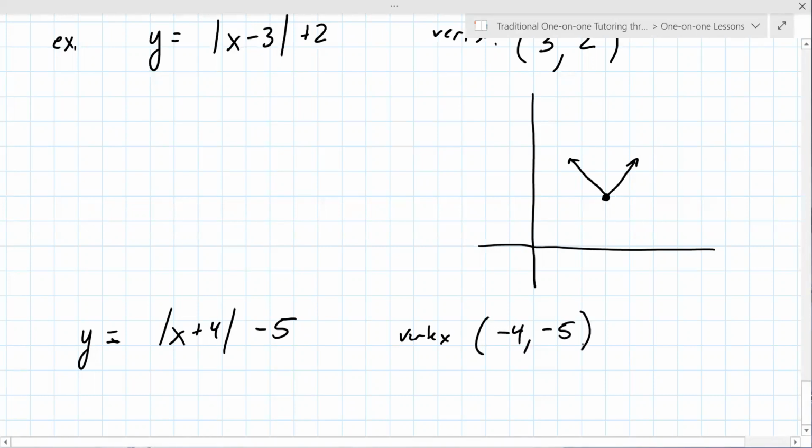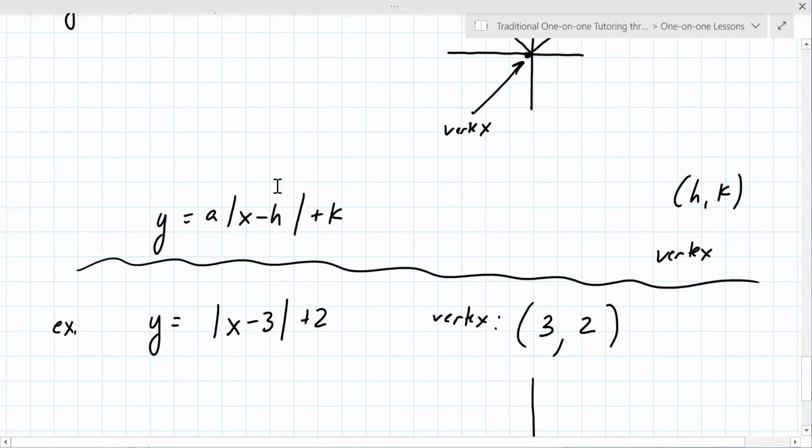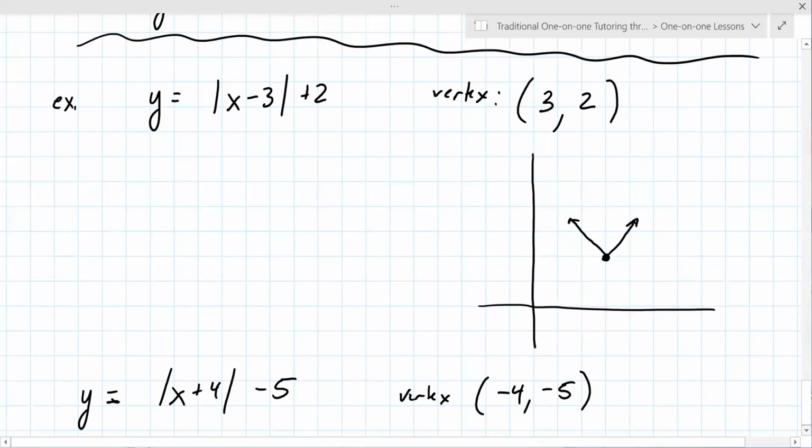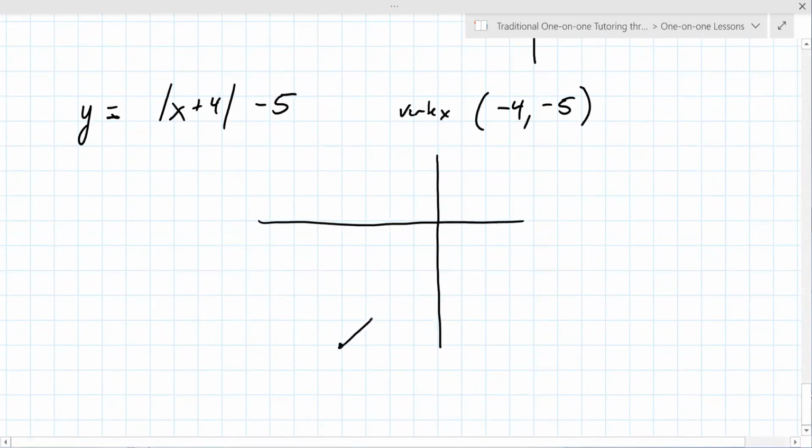So somehow you have to understand how you're going to remember this, that H is the number when it's negative. Right, the opposite, and then that switches it. So now where is -4, -5? It's down here and then it V's.